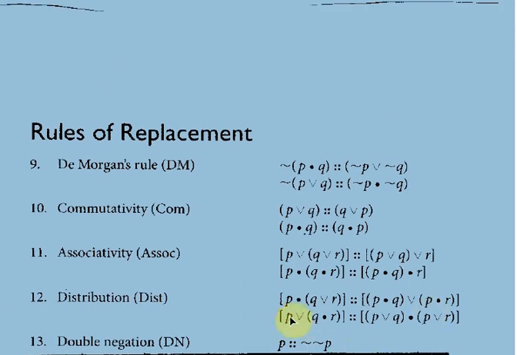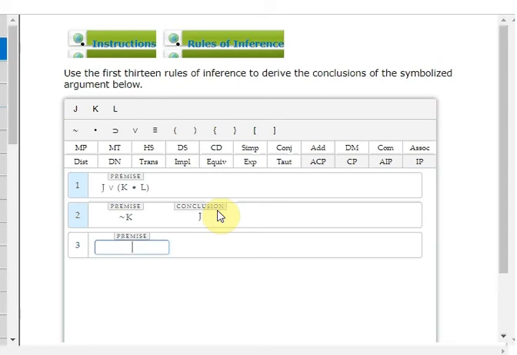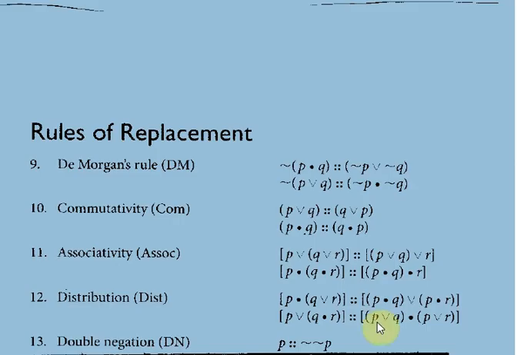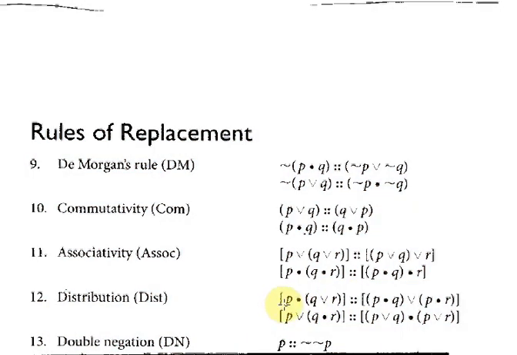Well, if we look at distribution, we notice that there is a similar pattern here. Distribution has the disjunction on the outside and the conjunction on the inside. So if you look at distribution, we have this variation right here. I think I can highlight it by itself. Let me see. Can I highlight it?